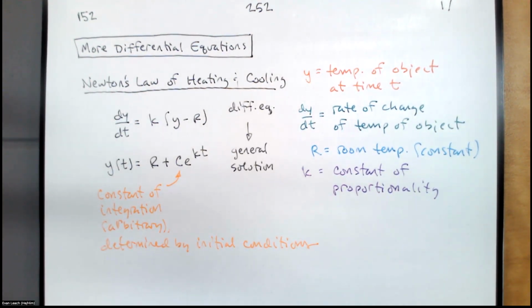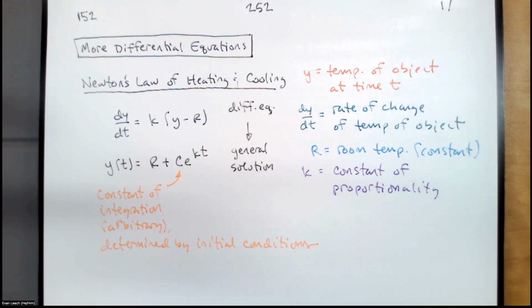k is the constant of proportionality. This is going to be dependent in this scenario on how much the object is willing to change its temperature. You know that if you take a metal object and expose it to heat, then it will heat up very quickly, because metal is okay with changing temperature.